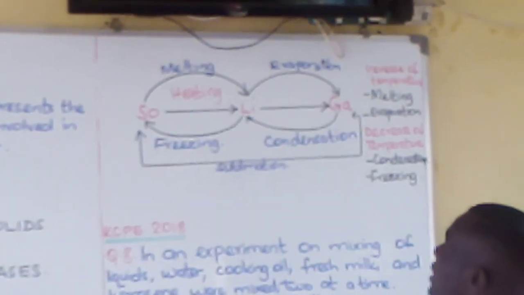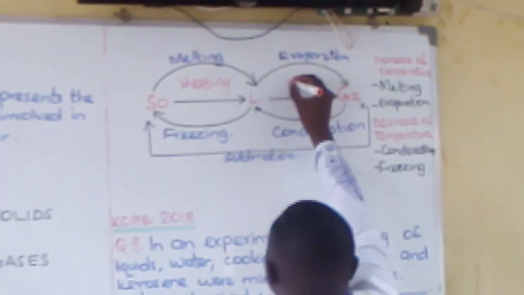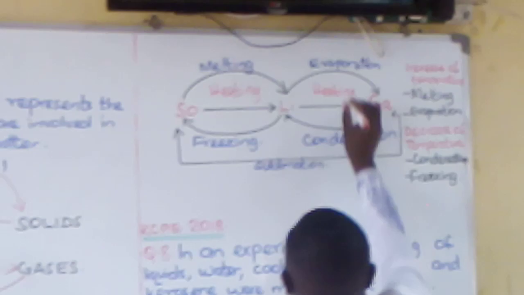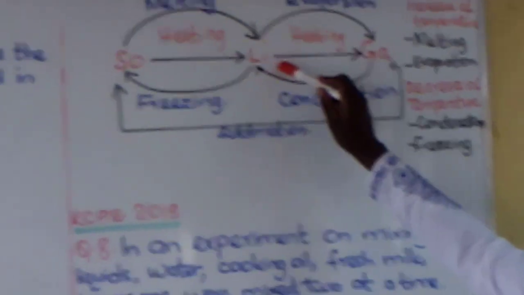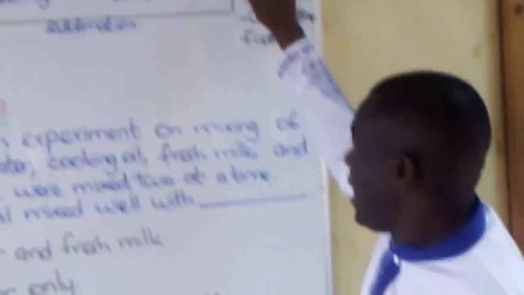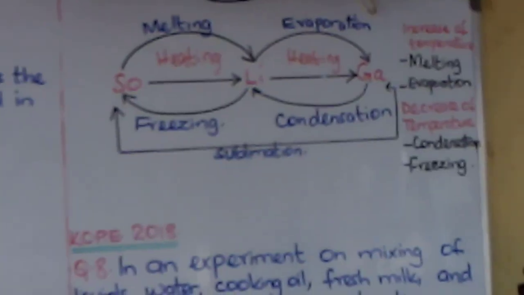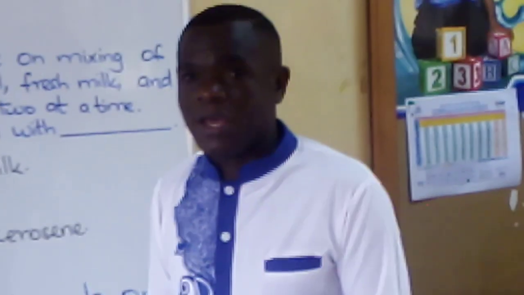Then when liquids are also heated, so there is heating here. When liquids are heated, they change their states to gases by a process known as evaporation. I hope you are understanding that.